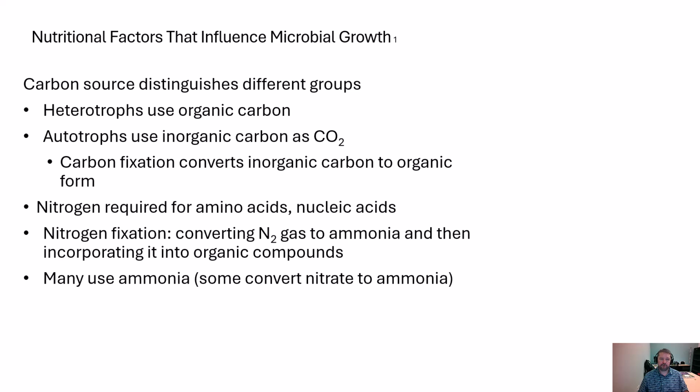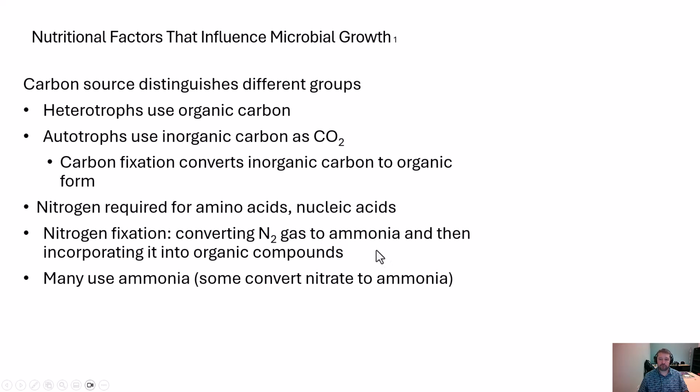You can have heterotrophs that use organic nitrogen, so they're consuming amino acids or nucleic acids from outside. Or you can have an autotroph nitrogen user, what we call a nitrogen fixer, which goes through nitrogen fixation, converting things like nitrogen gas into a molecule they can use.